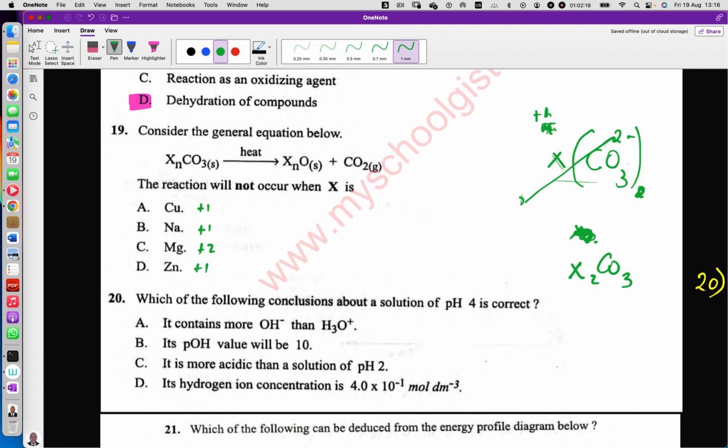Either we put it like this, this is copper 1 carbonate, this is the compound, copper 1 carbonate. It is sodium carbonate. It is zinc carbonate.